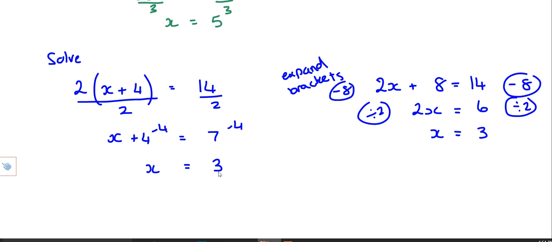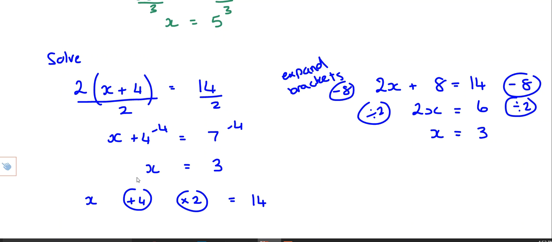Oh, so technically it's like you're moving this here from up there to divide it? No, I'm not moving anything. I'm doing the opposite of timesing by 2. You're dividing. So do you remember I said the whole language thing is understand what's happening in the right order. So I know in this case, I take x, then I add 4, then I times by 2, and I get the answer 14.